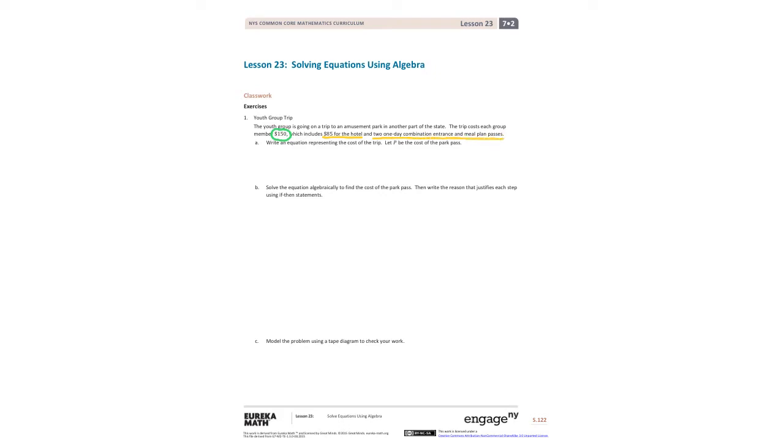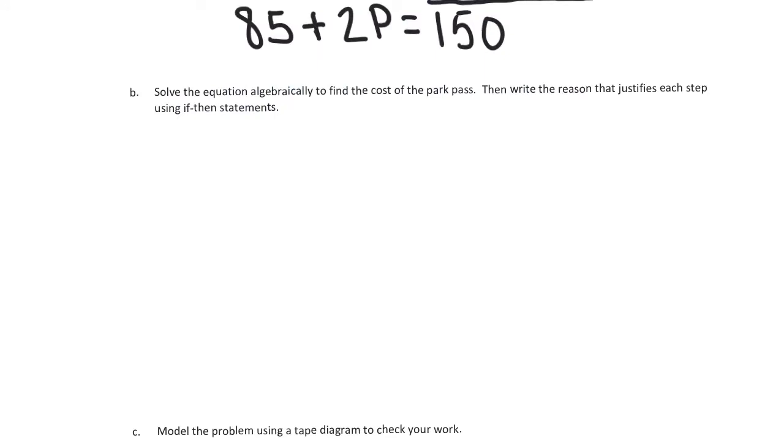So when we write our equation, we have $85 plus 2 one-day passes. We don't know the cost for each day, so we have 2P. Remember, we're using P to be the cost of the park pass, equals the total amount, which is $150.